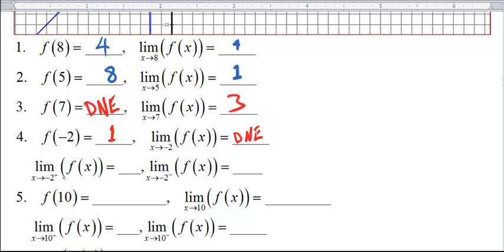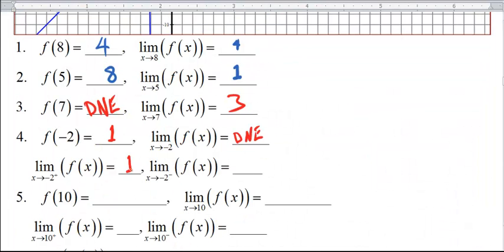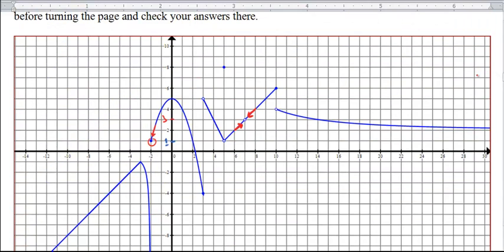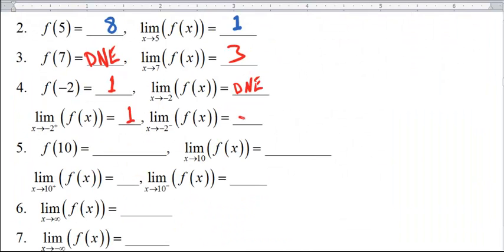If we come from the right side, it does have a limit, and it is 1. If we come from the left side, look what happens here. It's going down this way forever, decreasing without bounds. So you might see a little arrow on the end of that. Since that goes down forever, we would say the limit does not exist, but we can be more specific.